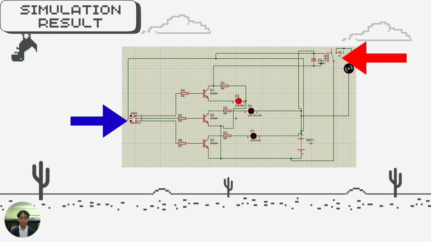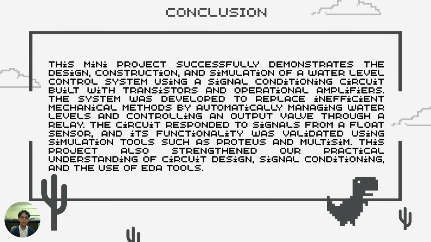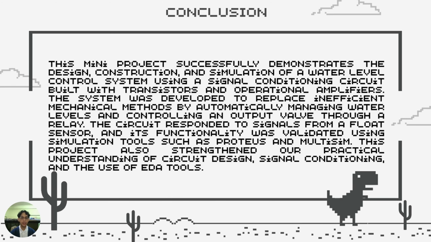Finally, we have reached our conclusion. In conclusion, this mini project has successfully demonstrated the complete process of designing, constructing, and simulating an electronic water level control system. A signal conditioning circuit was developed using transistors and operational amplifiers to accurately respond to sensor input and control a relay for valve management.